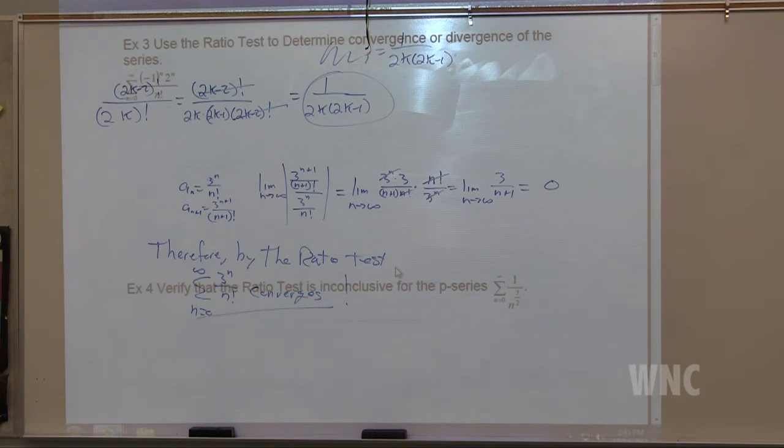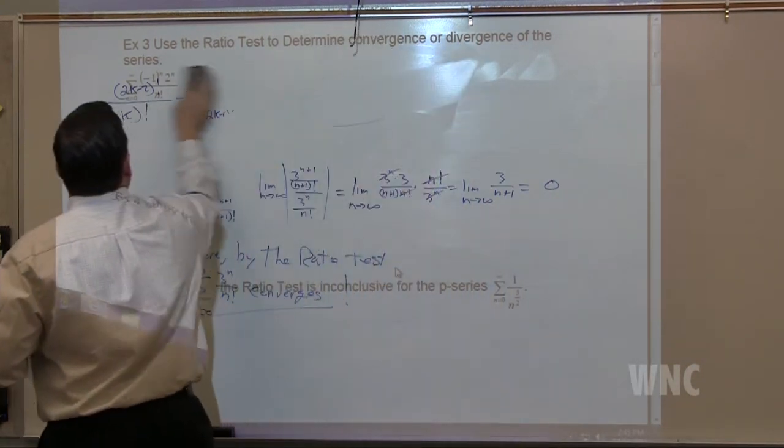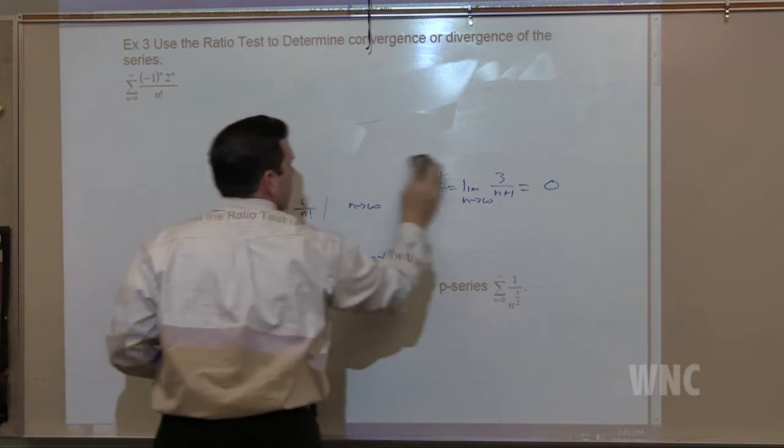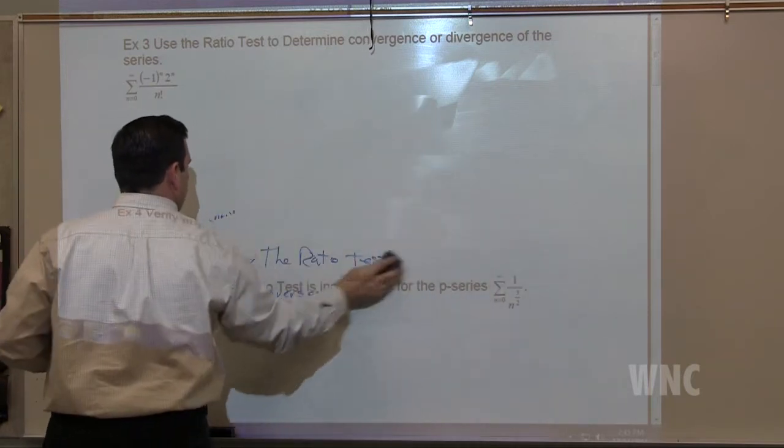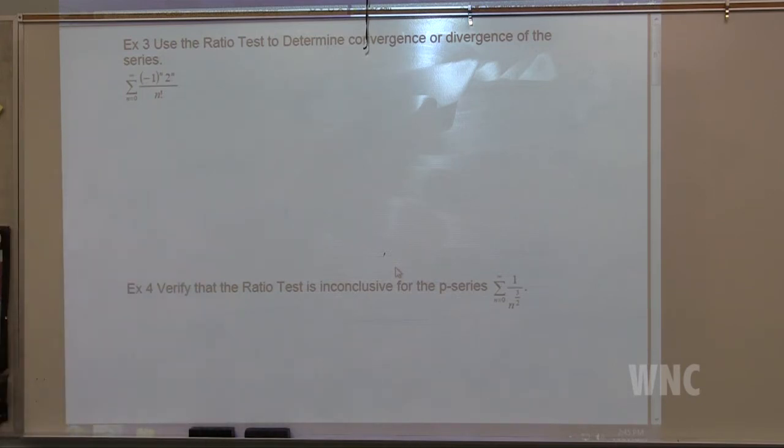Let's go on to example 3. Again, using the ratio test to determine the convergence or divergence of a series. So we have the sum, n goes from 0 to infinity, of negative 1 to the n, 2 to the n, over n factorial.